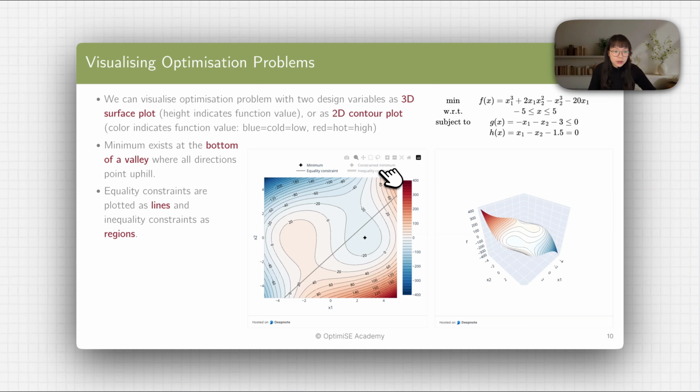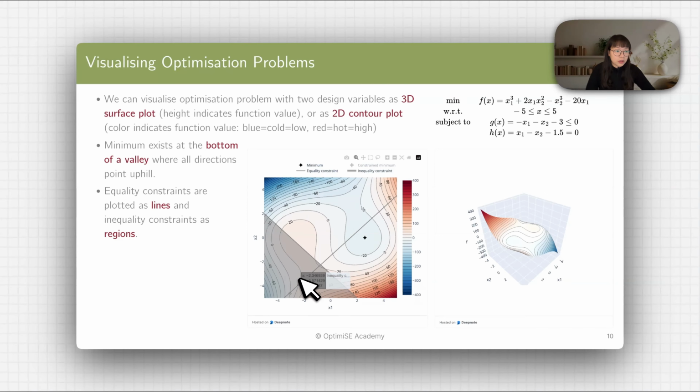For inequality constraints, we typically plot it as a shaded region, meaning that anything within this shaded region is not feasible. So a feasible solution must be a solution that is outside of this shaded area. So you can imagine all of the points here would be a feasible solution to this inequality constraint.